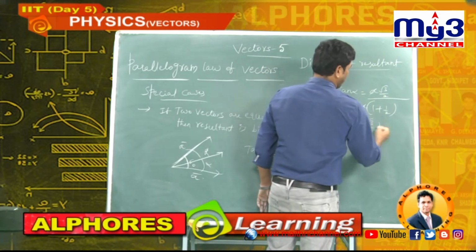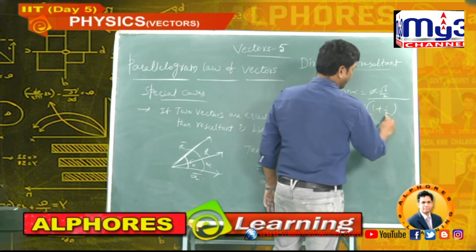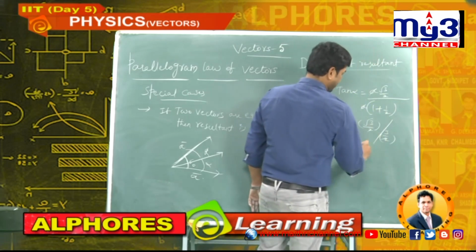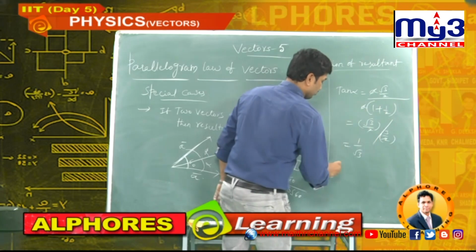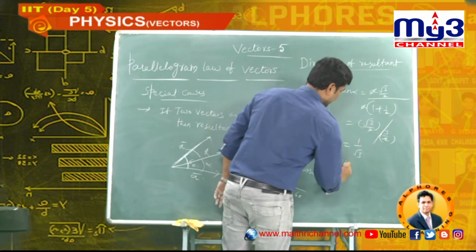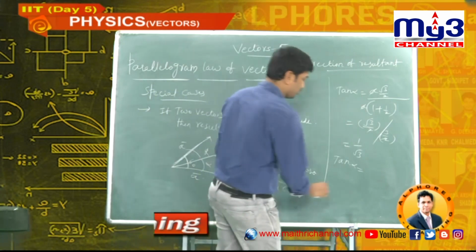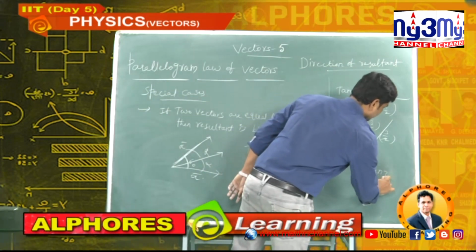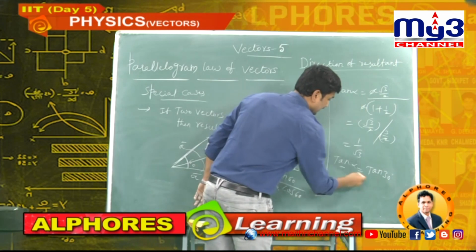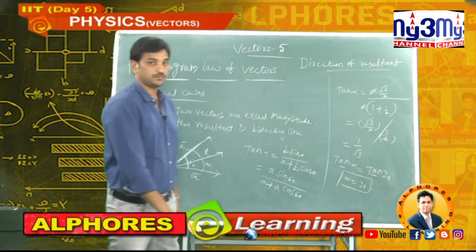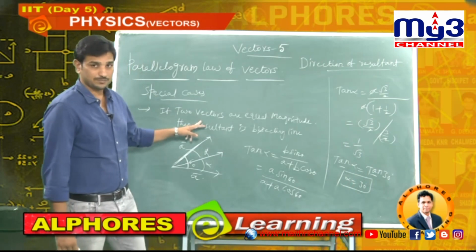Root 3 by 2 in the numerator, denominator 1 plus 1 by 2 is 3 by 2, the 2 cancels, root 3 by 3, that is 1 by root 3. Now tan alpha is equal to 1 by root 3. What is the value of 1 by root 3? Tan 30 degrees. Tan alpha value is 30 degrees.